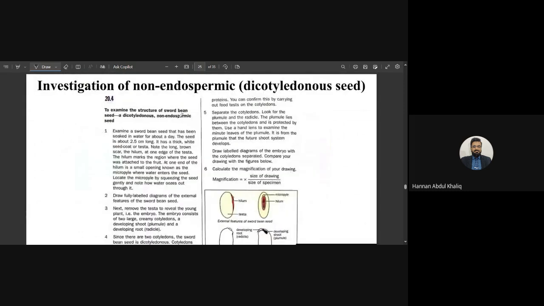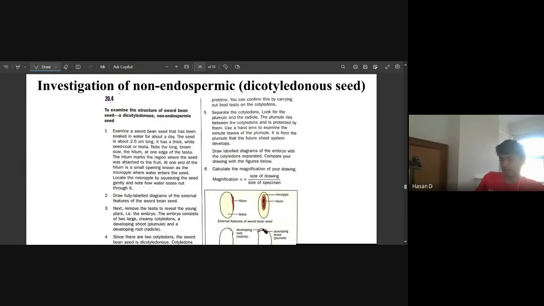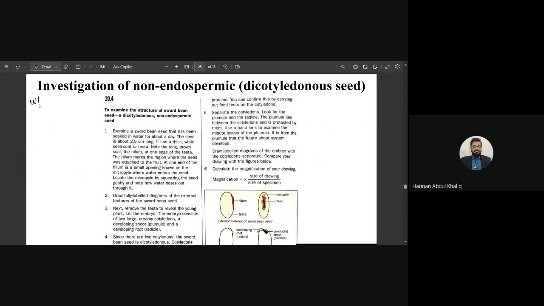Got it? Yeah. Now, what is an endosperm?